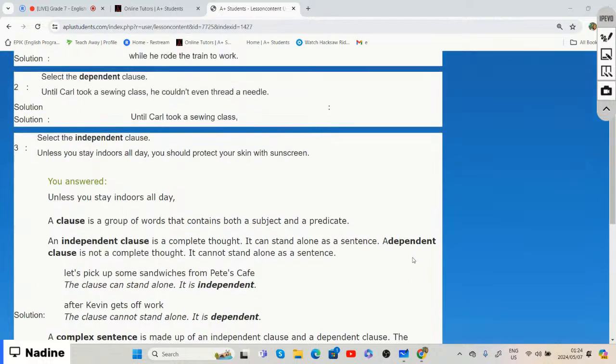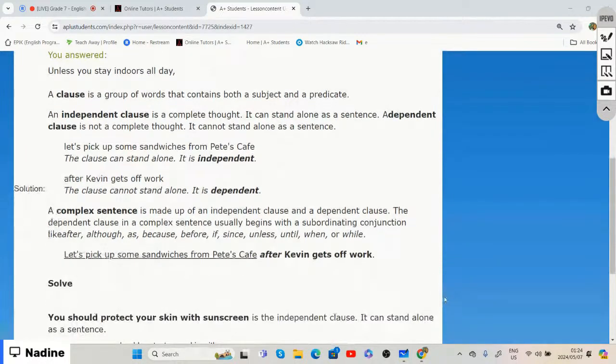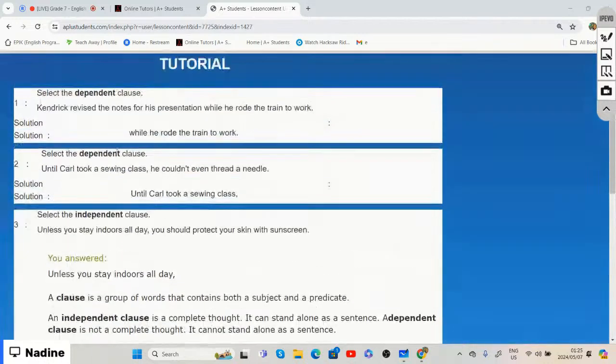Once again, an independent clause is a complete thought and it stands on its own. And then we have a dependent clause. It cannot stand on its own and it does not express a complete thought.